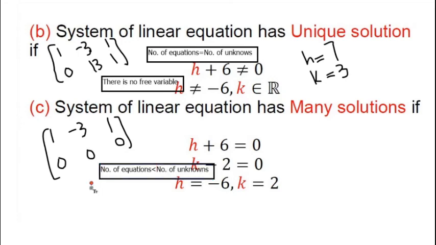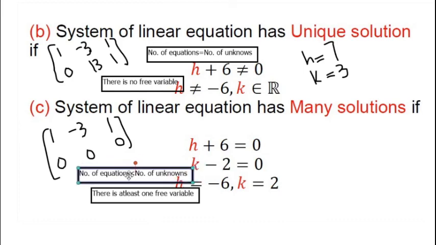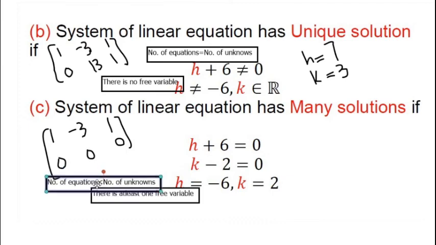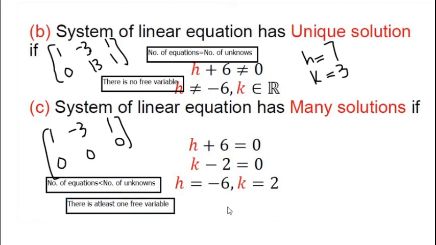You can see that there is at least one free variable. If the number of equations is less than the number of unknowns, or we have at least one free variable, then our system has many solutions.